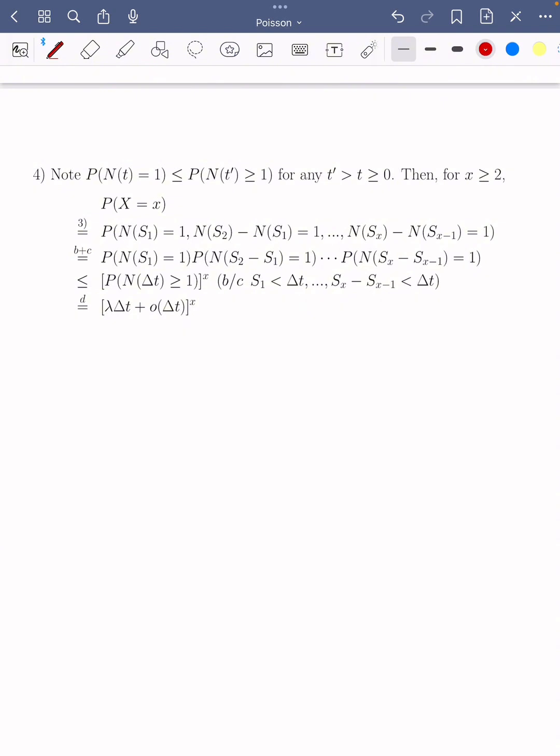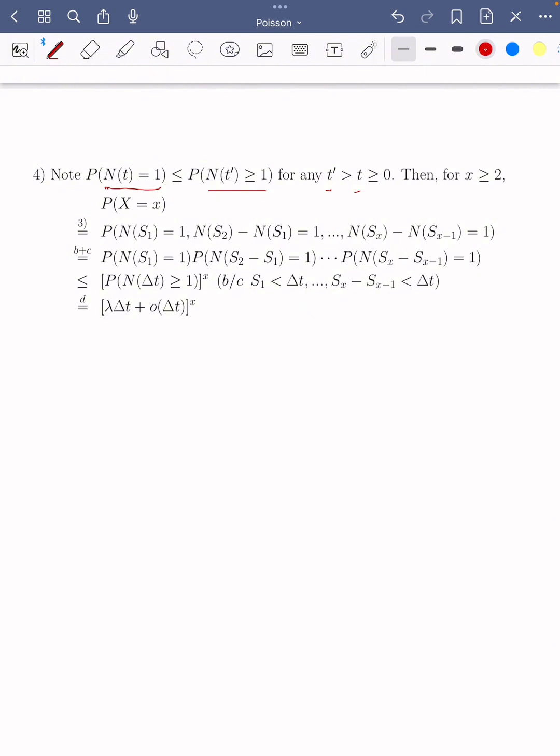Okay, so we have the property that the chance of N of t equal to 1 is less than or equal to the chance that N of t prime is larger than or equal to 1, for any t prime bigger than t, also bigger than or equal to 0. This is obvious.